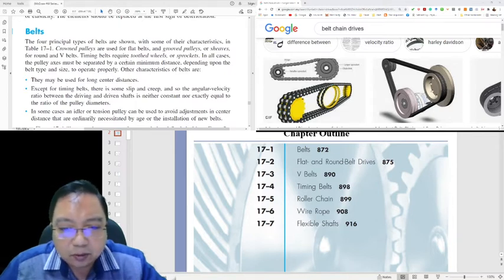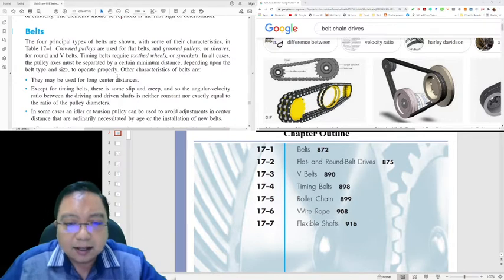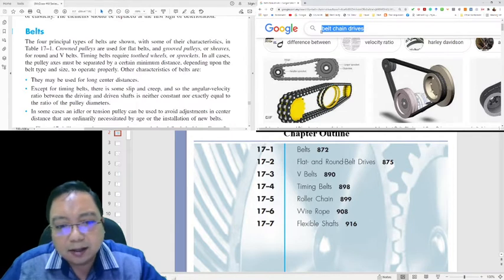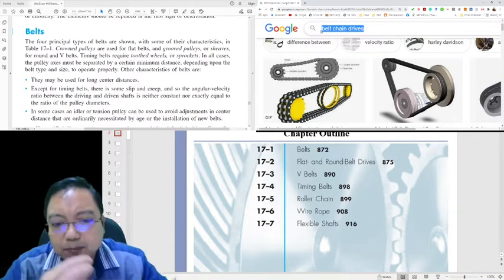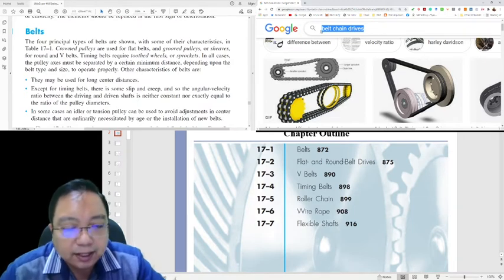I'm going to use three windows: the PowerPoint, the PDF of the textbook, Shigley Mechanical Engineering Design, and also Google Images, so that I can type all the names of belt and chain drive so that you can understand.